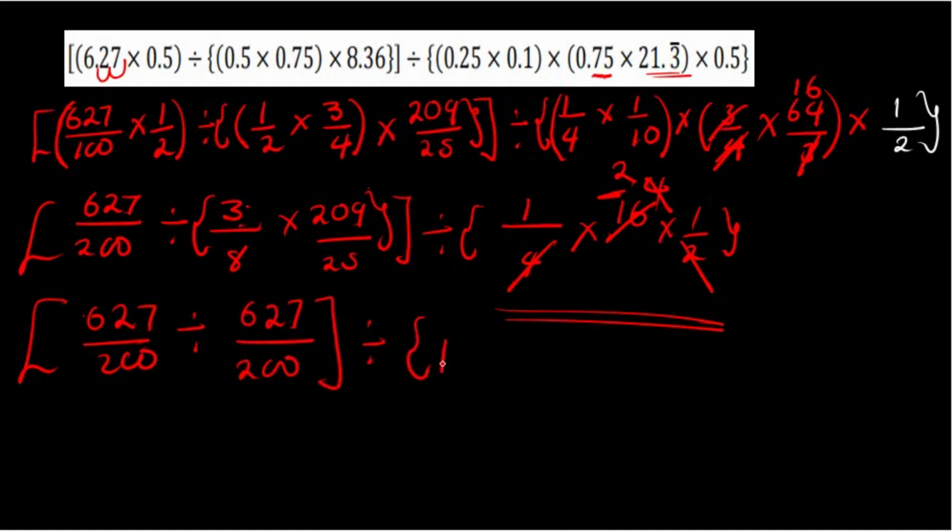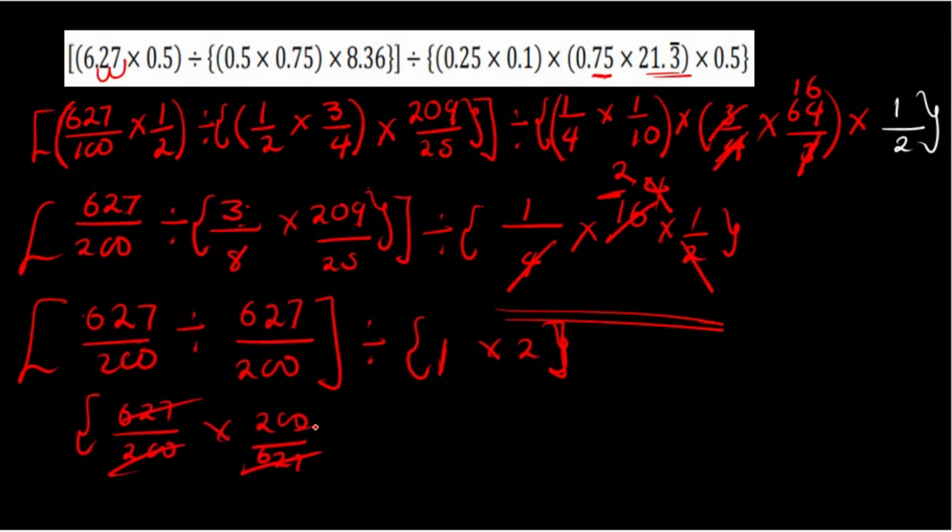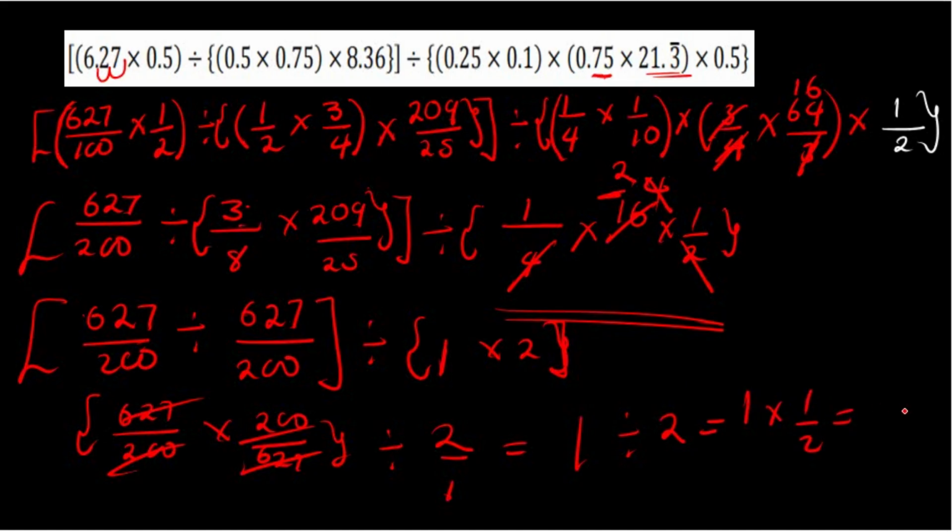So it will be 627 over 200, then 627 here, this and that go, this and that go. Remember 1 times that is 2, so over 1 on this side. Here we just remain with 1, so meaning it is 1 divided by 2. So this is just the same as 1 times 1 over 2. So the answer is 1 over 2.